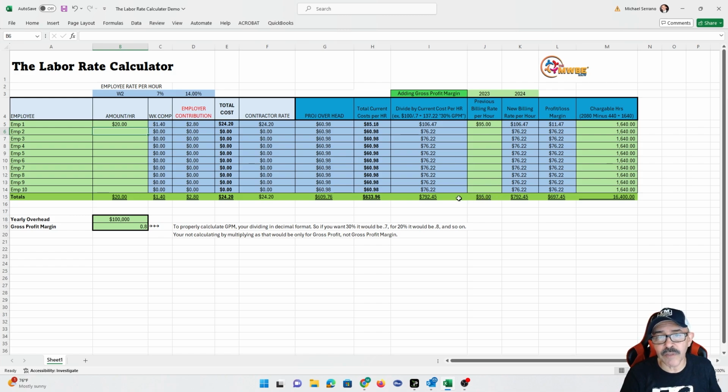Right now, here we go, there are some numbers plugged in, but let's say it's $106.47 for 10 employees. That number is going to be huge per hour.